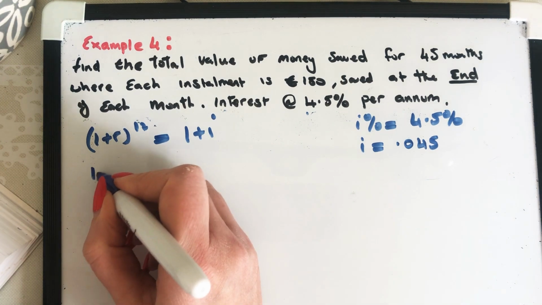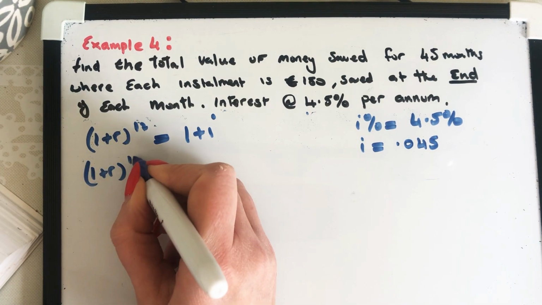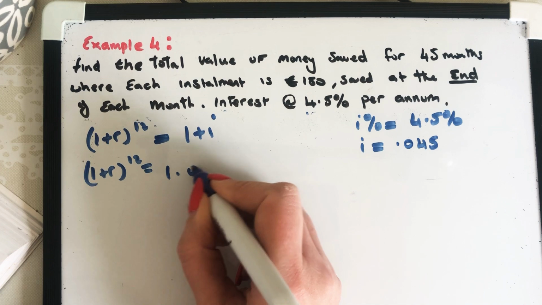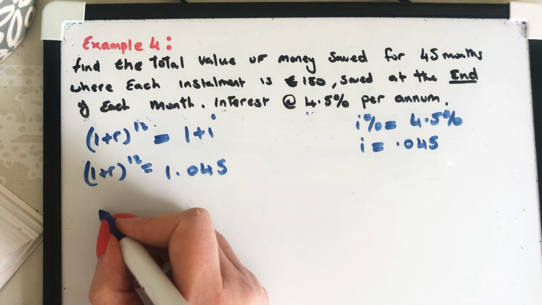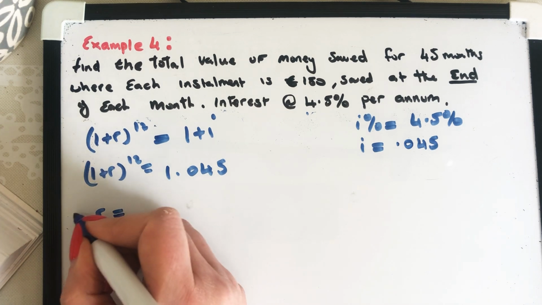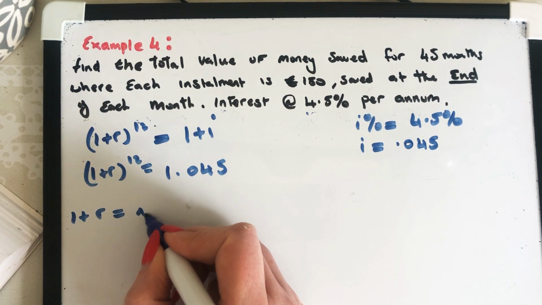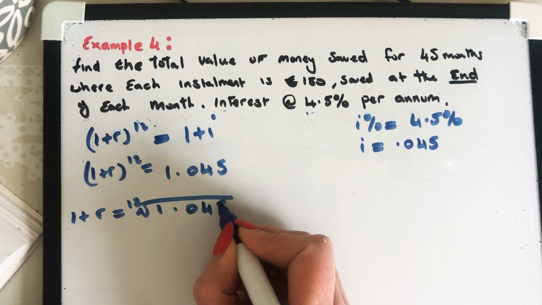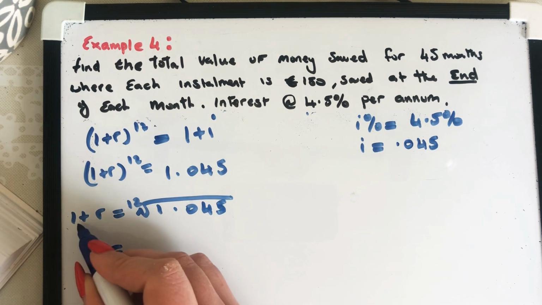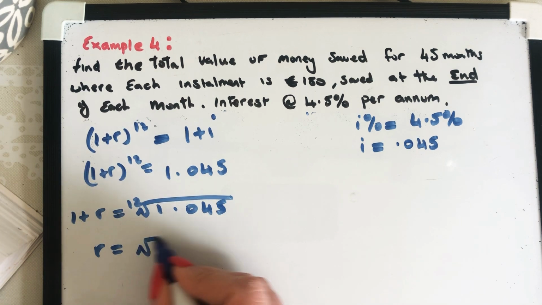So we have (1 + r)^12 is equal to 1.045 when we add this together here. Now, we want to find the r, so we're going to get the 12th root of this side like we have done in video 1, and then we're going to bring over the 1, make it negative 1.